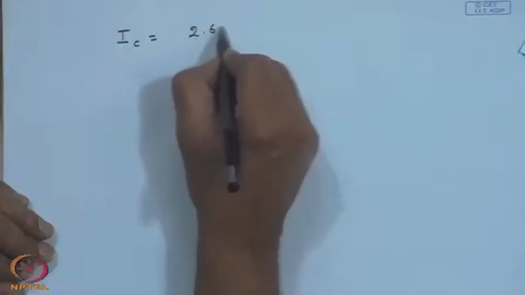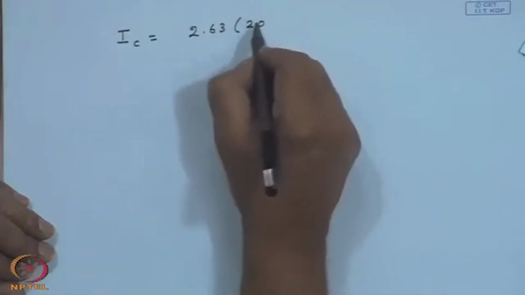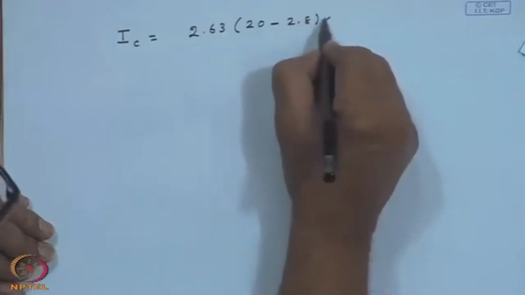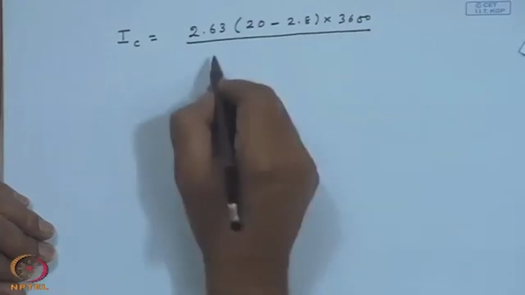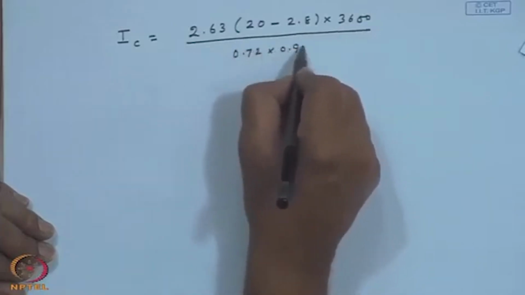Then we will go ahead with IC, the critical radiation level: 2.63 FRUL into T minimum is now 20 minus T ambient is 2.8 times 3600 the time factor, not to be forgotten, by 0.72 into 0.94.